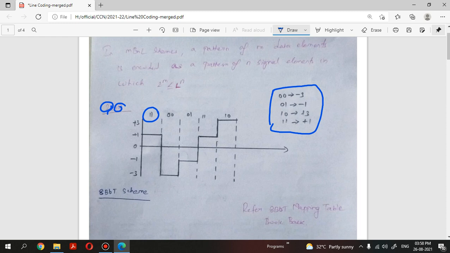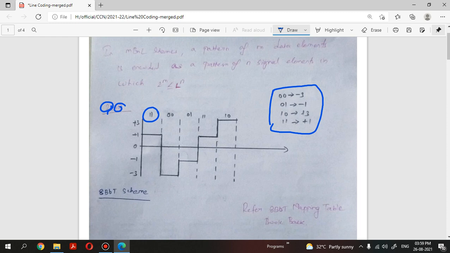These are all the four possibilities for two data elements, which have four combinations: 11, 10, 01, and 00. Let's look at the data 11 00 01 10 11 01 10. Your data will be split into two bits, and as per this table the voltage levels will be varied.